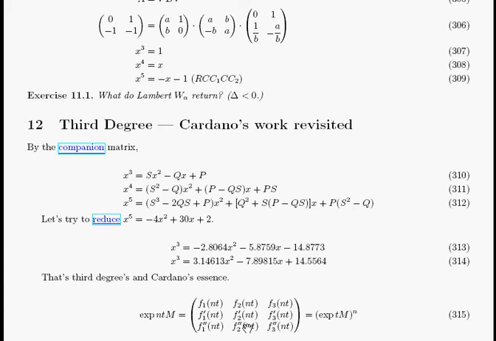We have this equation. Who is the exponential of ntm? f1 of nt, f2 of nt, f3 of nt. This is the exponential of mt powered to n. So we have another matrix f1 of t, f2 of 3, f3 of t powered to n. The nth power is the nth factor of t.